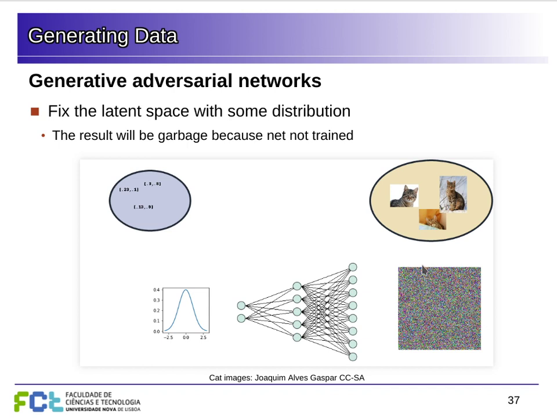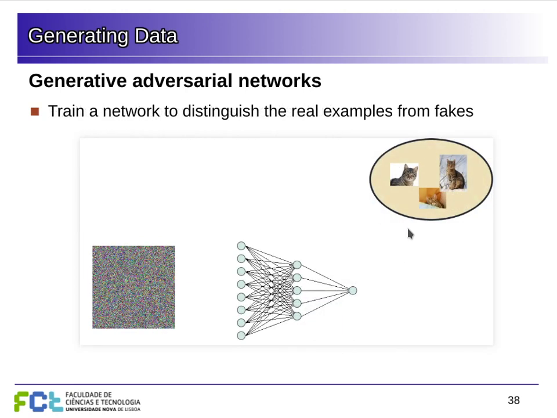This is what we can do with generative adversarial networks. We basically have two networks, one that receives random noise always with the same distribution and outputs images, and the other that receives a set of images generated by the first and a set of images that are of the kind that we want to reproduce, and learns to distinguish between the two.